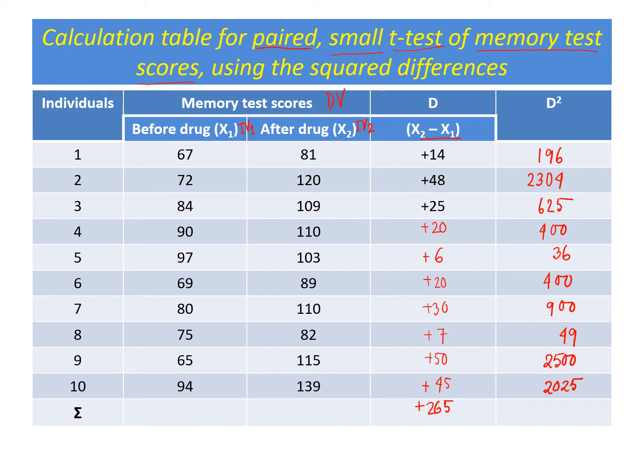Now we have to sum it up, and the summation value will be 9435. So see the entire table. This table is very important for this computation, because this value, plus 265, and this 9435, are two very important values for our later computation.